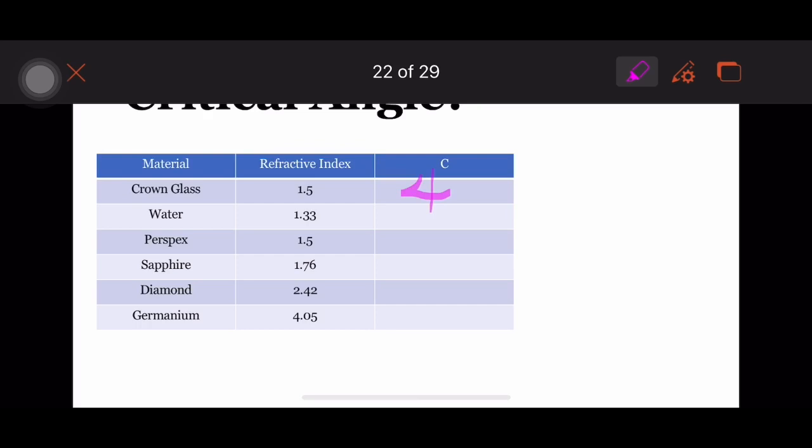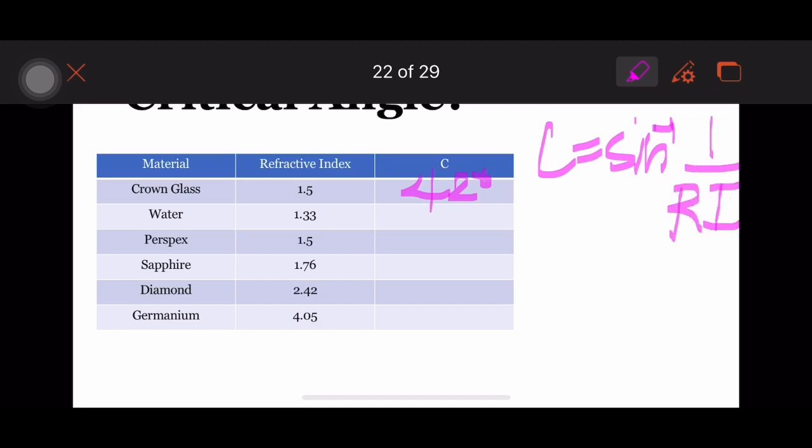Therefore, the critical angle of crown glass is 42 degrees, using C is equal to the inverse sine of 1 divided by refractive index. This is the formula I used. Now you're going to solve for the others. Water, perspex, sapphire, diamond, and germanium, using the same formula. You're going to write it in your notebook and then you're going to submit to me.